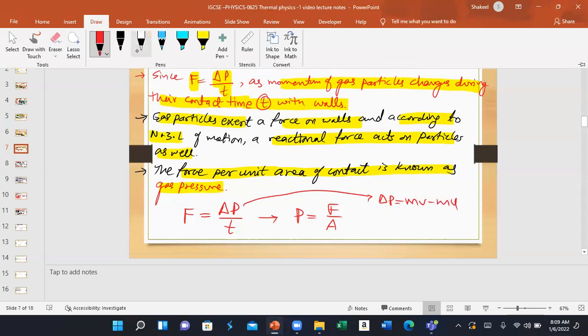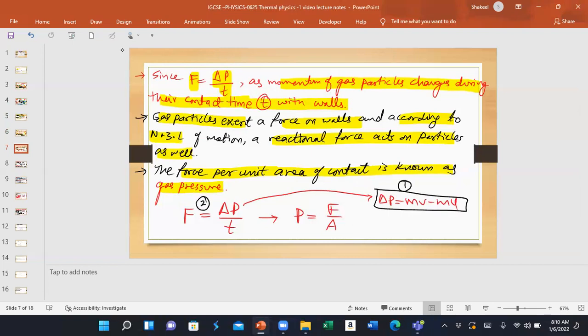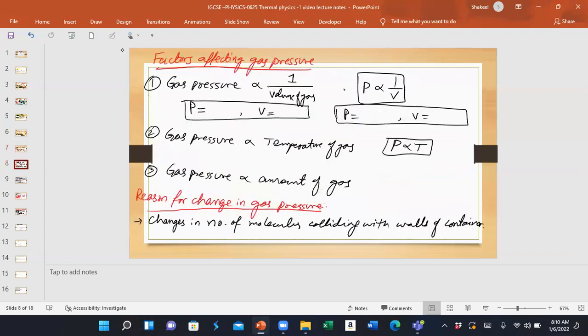So first thing first, when the gas particles are hitting the walls, their momentum changes. Then the second thing, when their momentum changes, they exert a force as well, right? And then the third thing, force over the contact area is known as gas pressure. So that's how gas pressure is exerted.